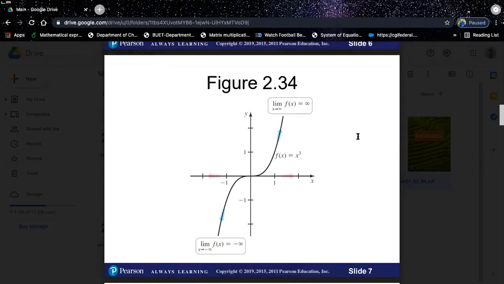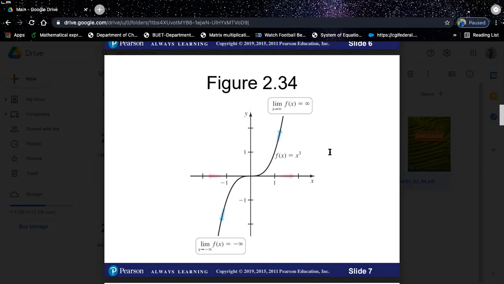So any function like this, where nothing else is attached to it, all functions in the form of x squared, x cubed, x to the 4th, will have infinite limits at infinity.